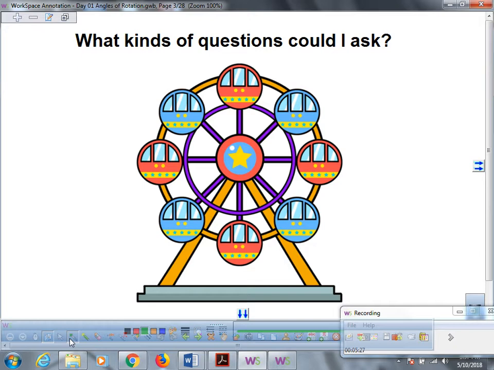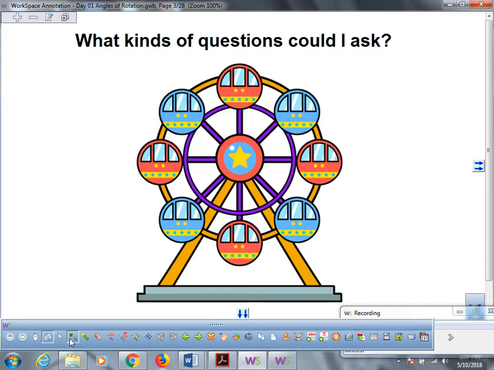There's triangles. There are triangles. What's the distance in between the cars? Okay, so maybe the radius, right? What else? I heard angle of rotation.